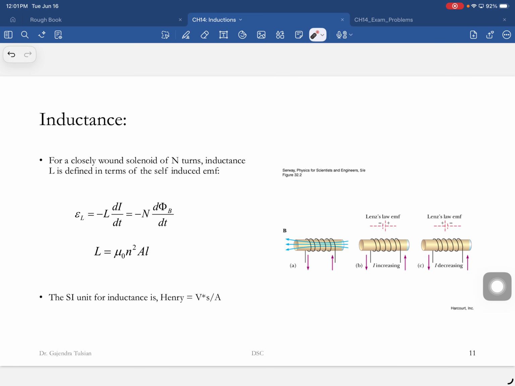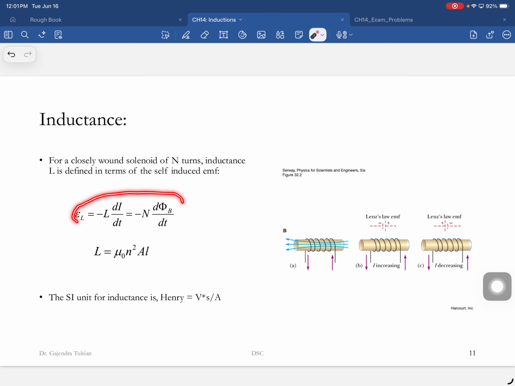So for a coil like this, the self-induced EMF is proportional to the rate of change of current, and the proportionality constant is called the self-inductance. So L is the inductance of the coil. And for this, we can give you a formula. So for a closely wound solenoid of N turns, the self-induced EMF is N times the rate of change of flux through each turn. So the EMF is that. We won't use that formula much, we'll use this mostly.